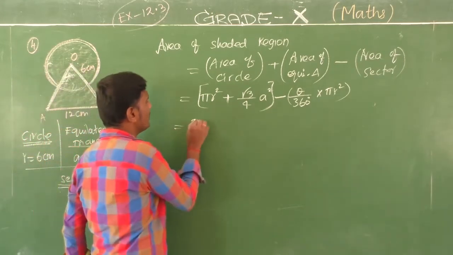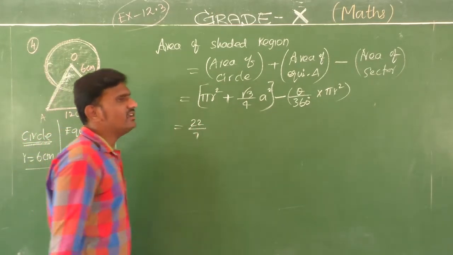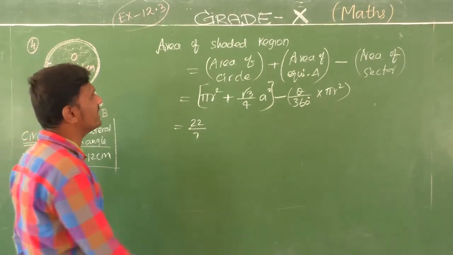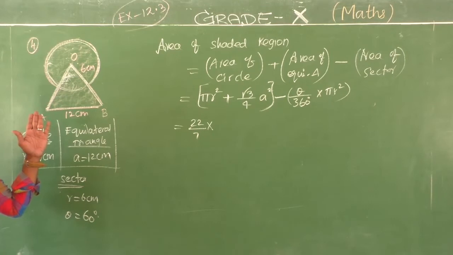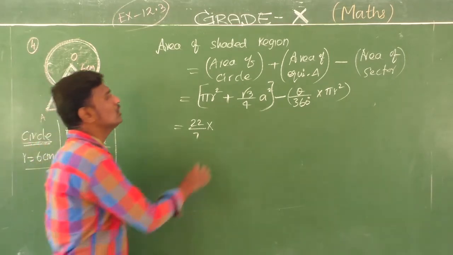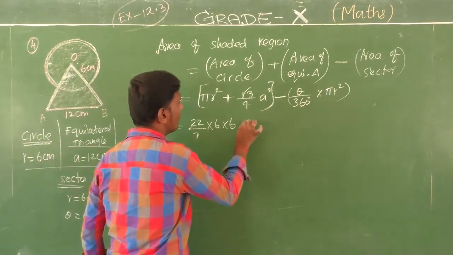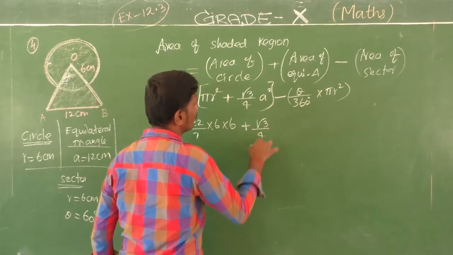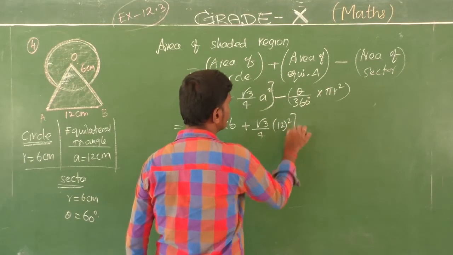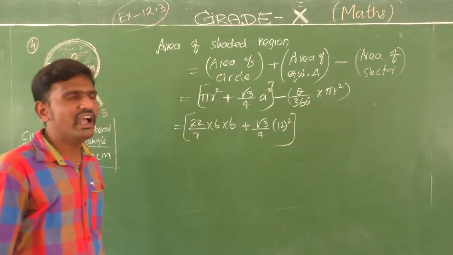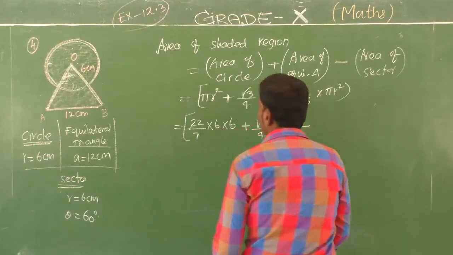Now coming to the substitution, the value of pi is 22/7 and the radius of the circle is 6 centimeter. So 6 into 6 plus root 3 by 4 into 12 square, put one bracket like this, and minus theta by 360.